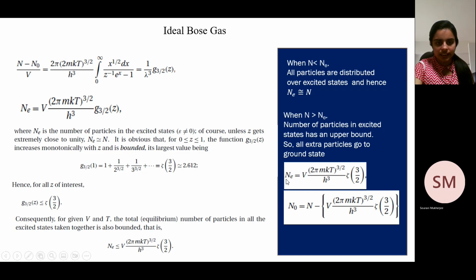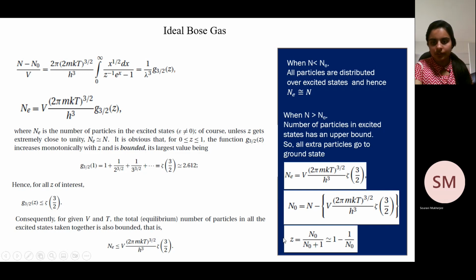Ne in that case would be given as this value, which is the maximum value of Ne that is possible for a given value of V and T. Whatever remains, N minus this value, would go to the ground state. And if you use this relation, you can write Z as 1 minus 1 by N0. This tells you what happens when you gradually go close to unity.